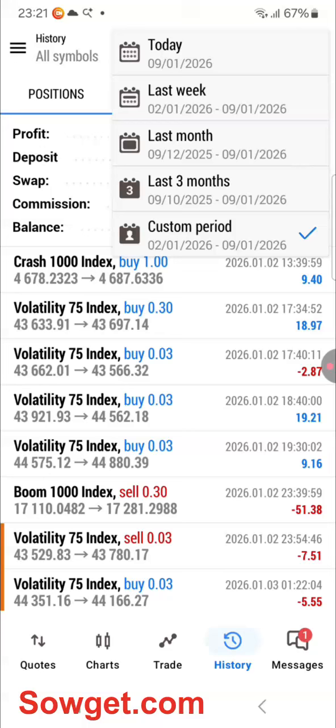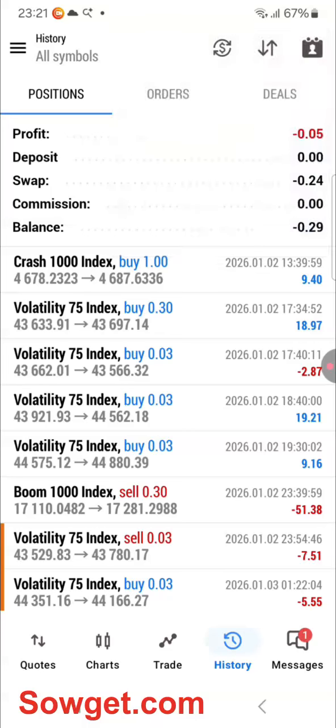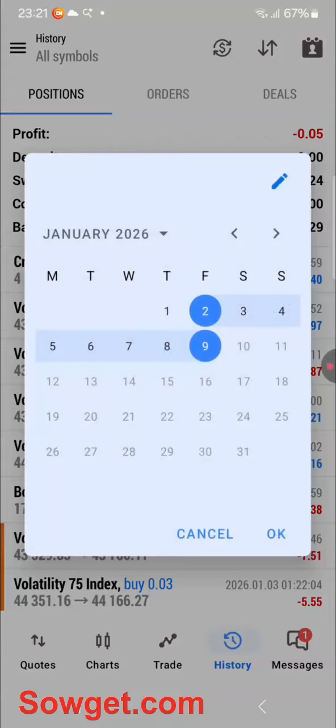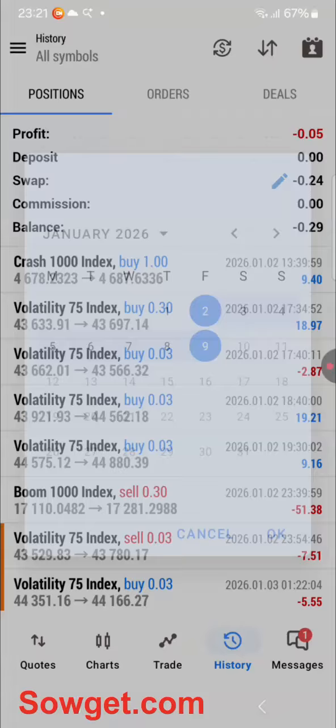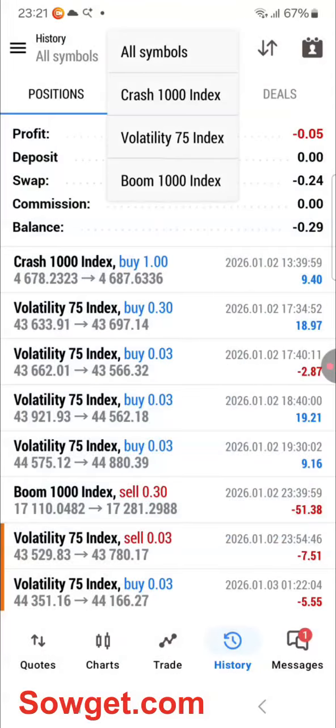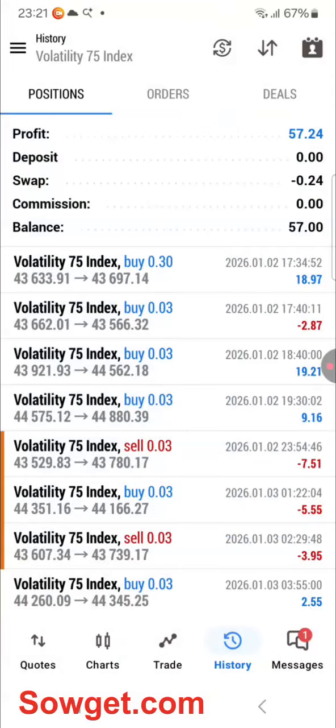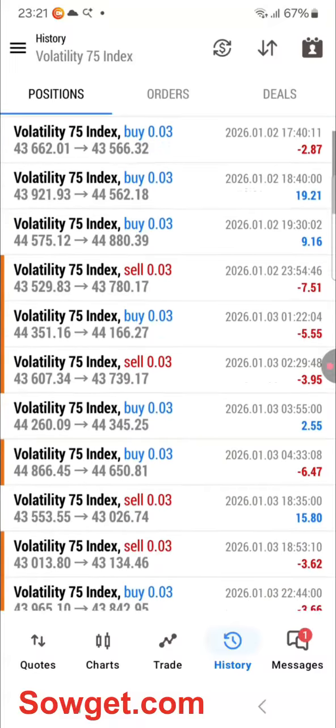If I come here and take the custom period, 2nd of January till today, this part is just the Volatility 75 index. So these are the trades that the EA has taken for me. All the trades you are seeing here are totally run by the EA.